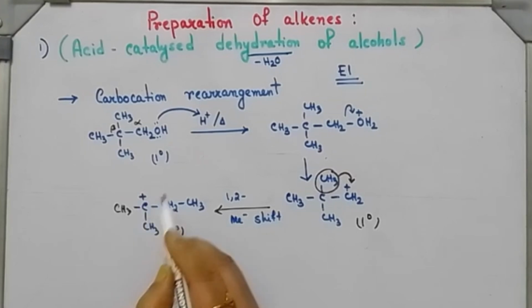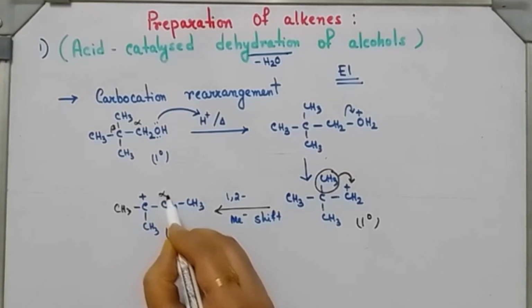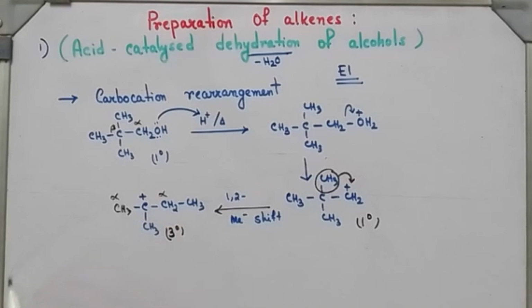Here with respect to this carbocation, this is the alpha carbon. This is also alpha, but this and these two are the same. So maybe hydrogen can go from here or hydrogen can go from here. If hydrogen goes from here, we will get CH2 double bond C, CH3, CH2, CH3.